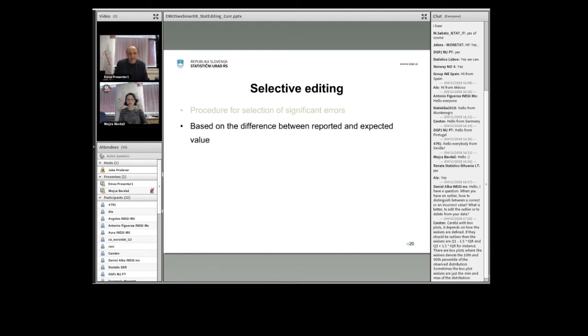Usually it's quite complicated mathematically, but this selection is usually based on the difference between reported and expected value. Expected value is the value that you would, let's say, estimate if you wouldn't have the error in the data. And if the data that really comes to you is very much different than the one that you expect, usually it's a signal that it could be an error.